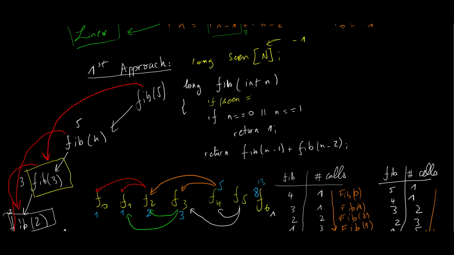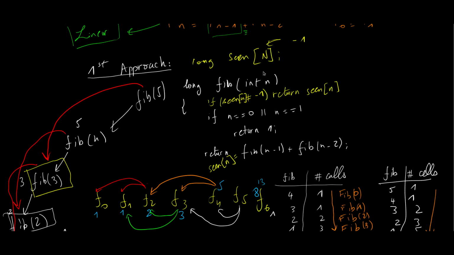So if seen of n is different from -1, then we know that this was already calculated. So we'll just return seen of n. And if that's not the case, we will have to calculate it, but once we calculate it, we will set seen of n to be equal to this.